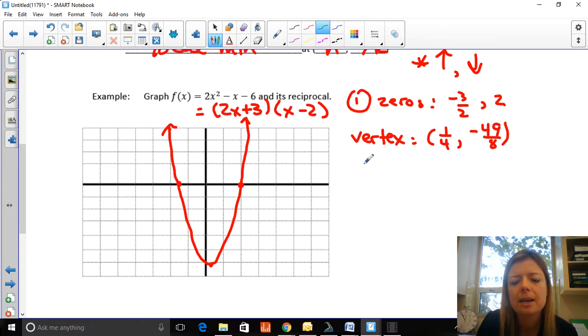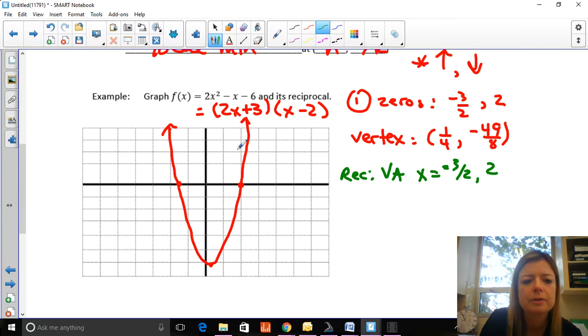Okay, so what does that mean for my reciprocal? So that means that my reciprocal, I'm using a different color, will have vertical asymptotes at x equals minus 3 over 2 and 2. So let's draw those and label them, again with a ruler.